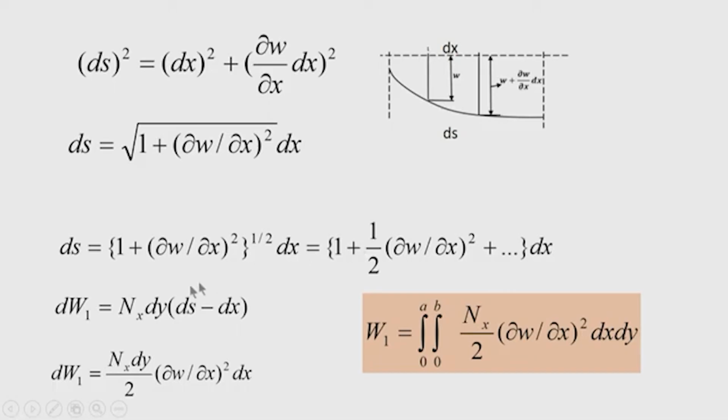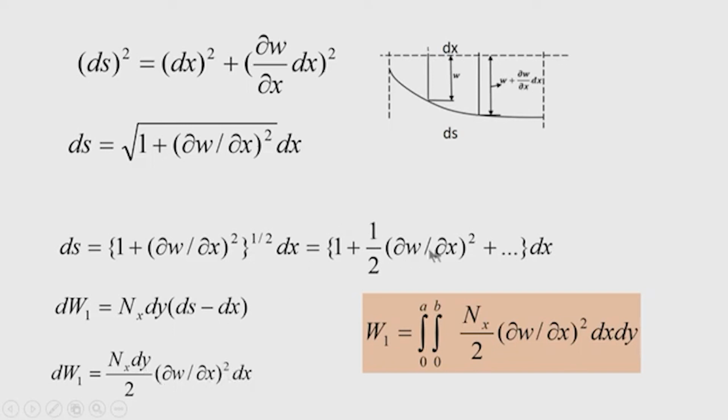Therefore, dW1, the work done by the elementary force Nx dy, is Nx dy, and instead of ds minus dx we can now write half del w by del x whole square into dx.